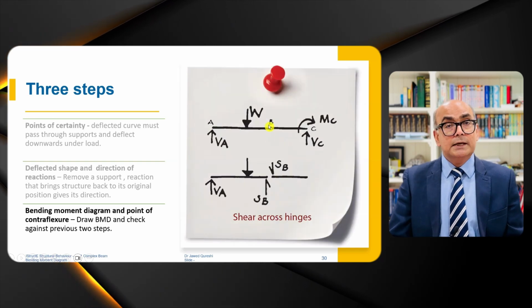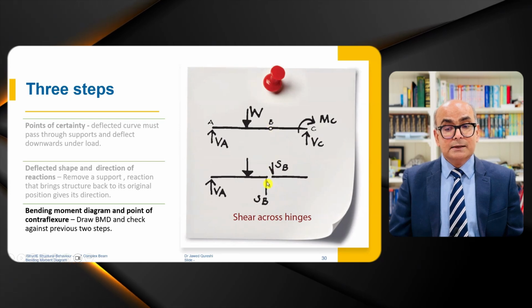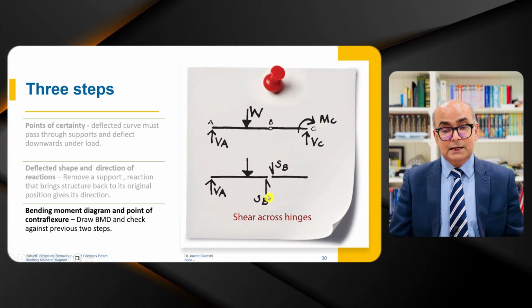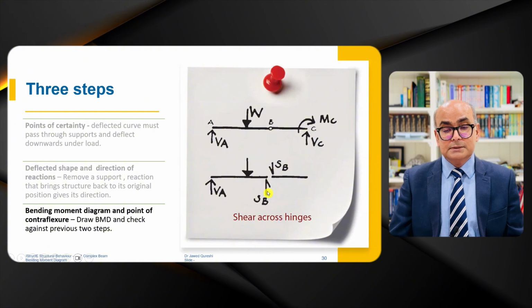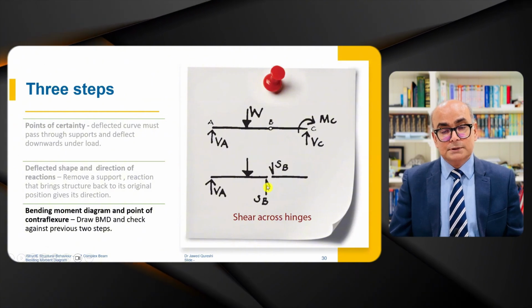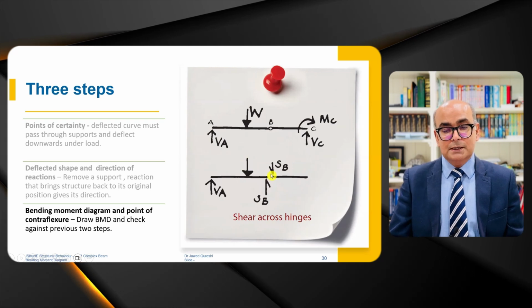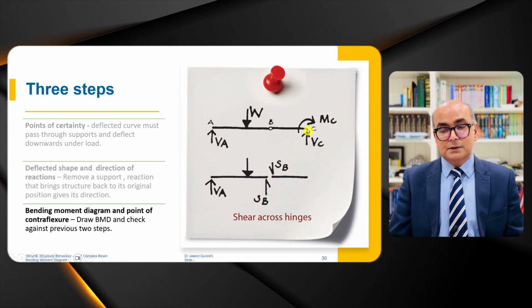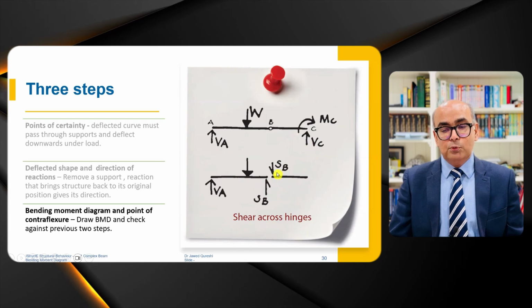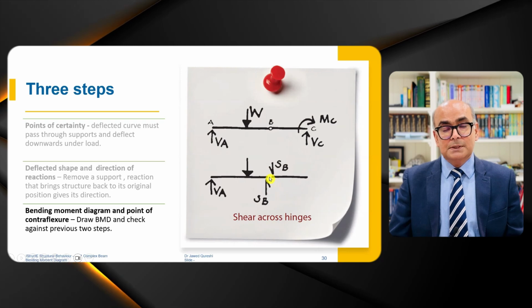We can isolate the pin as well and see how shear force is acting. On the left of the pin, shear force will act upwards. The reason is that the load is downwards. And on the right side, because the reaction VC is upwards, the force in the pin will be downwards.